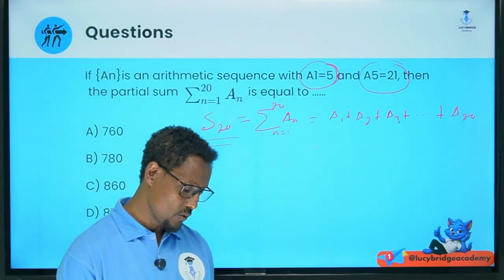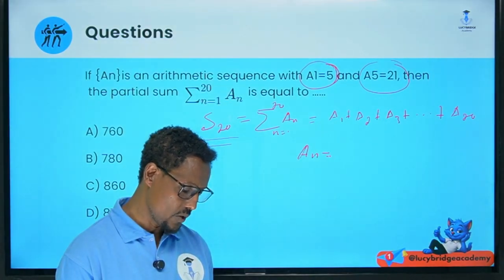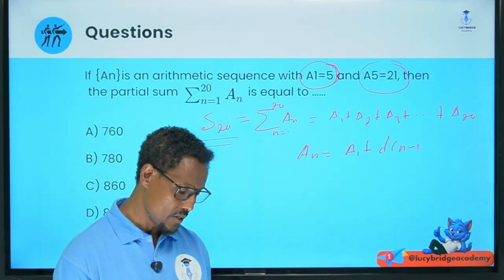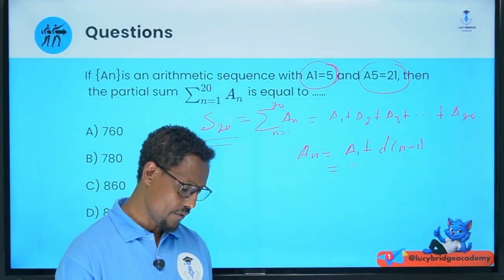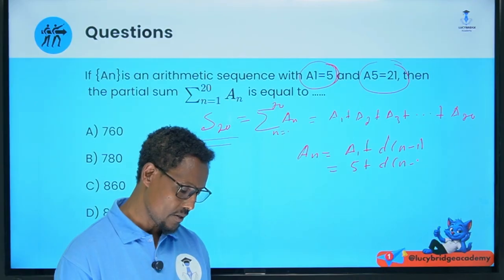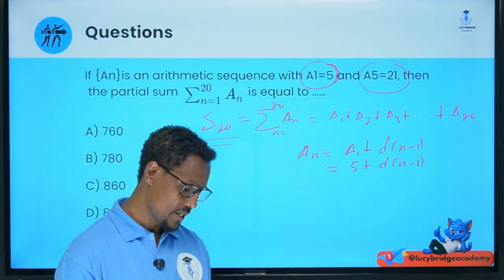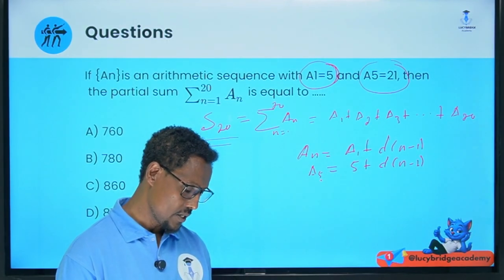I know that an is equal to a1 plus d times n minus 1, so 5 plus d times n minus 1. Let me take a5, which is 21. a5 is equal to 5 plus d times 5 minus 1, which is 4.